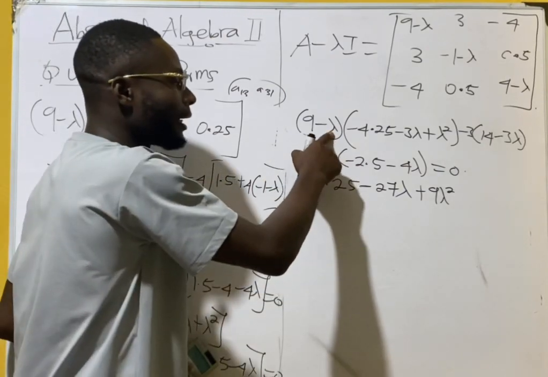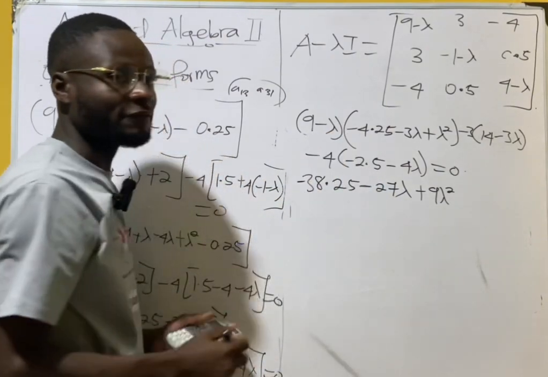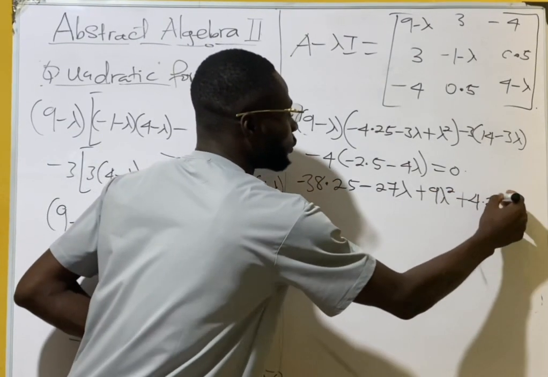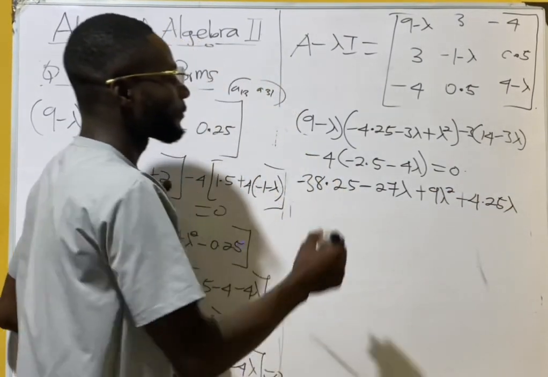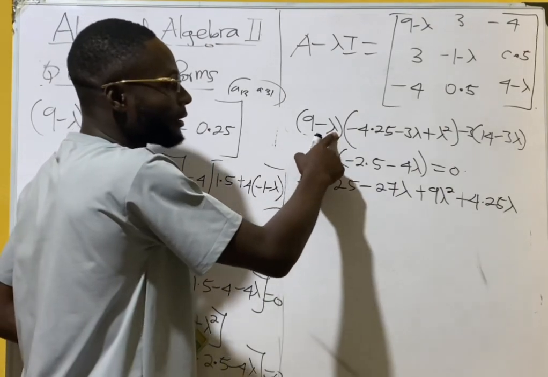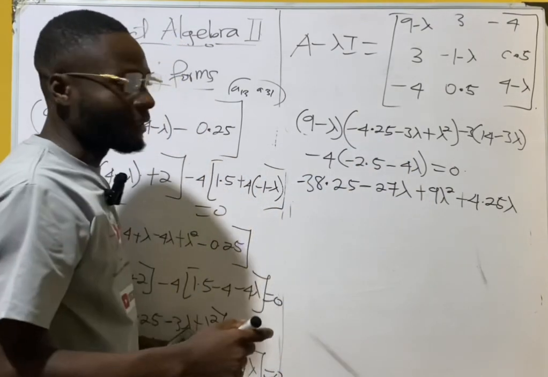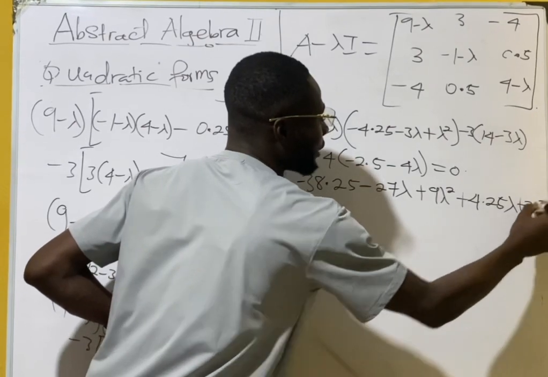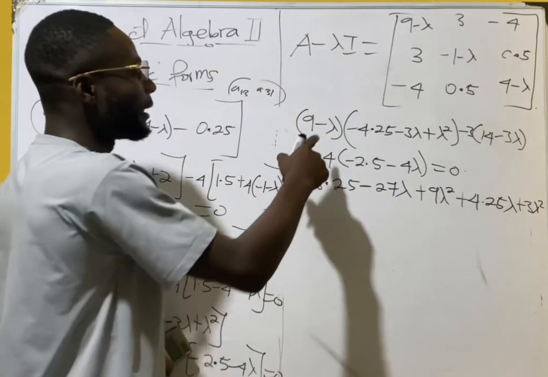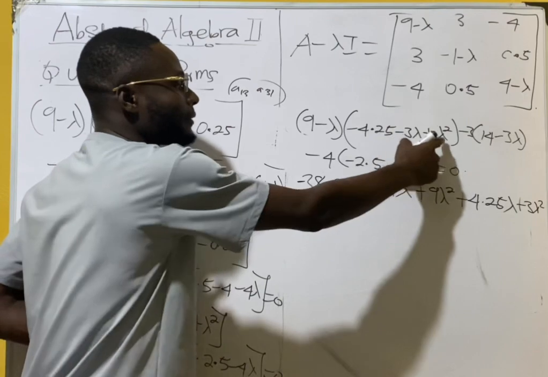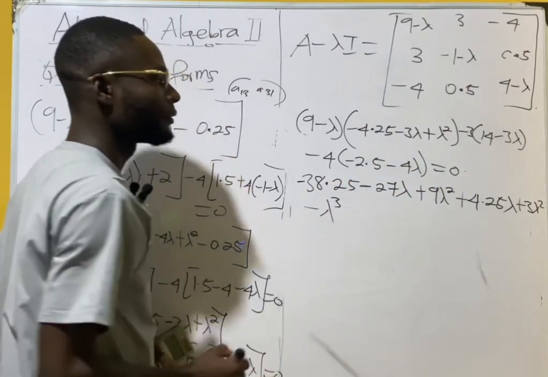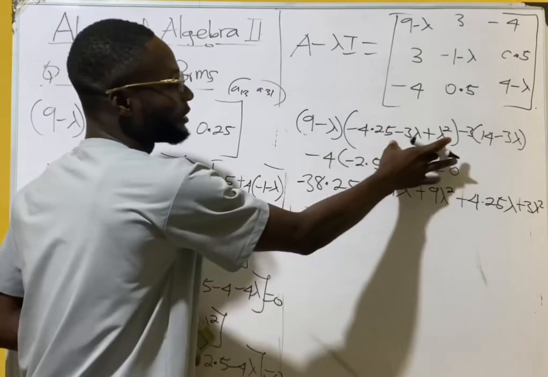Then minus lambda times minus 4.25 is plus 4.25 lambda. Then minus lambda times minus 3 lambda becomes plus 3 lambda squared. Then minus lambda times lambda squared becomes minus lambda cubed. Okay, so we are done with the first set.